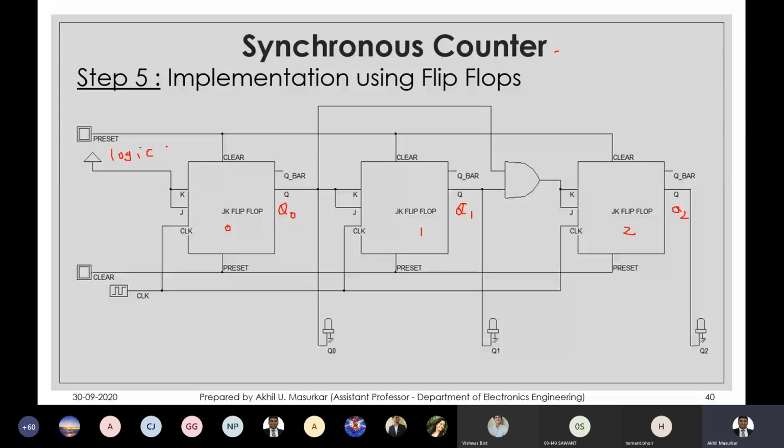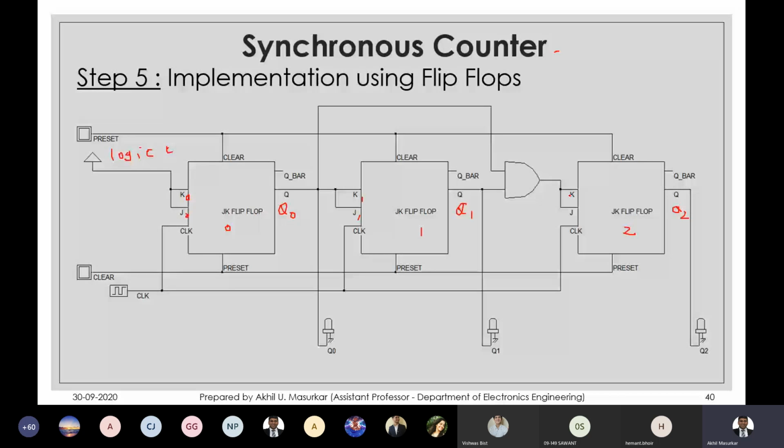So this is my logic 1. J1 and K1 is equal to Q0. That is why I have connected this Q0 to J1 and K1.